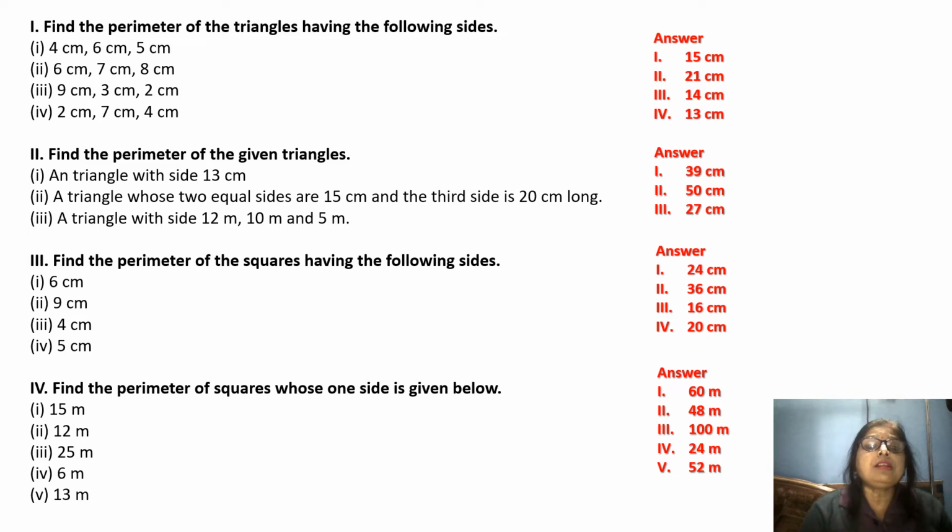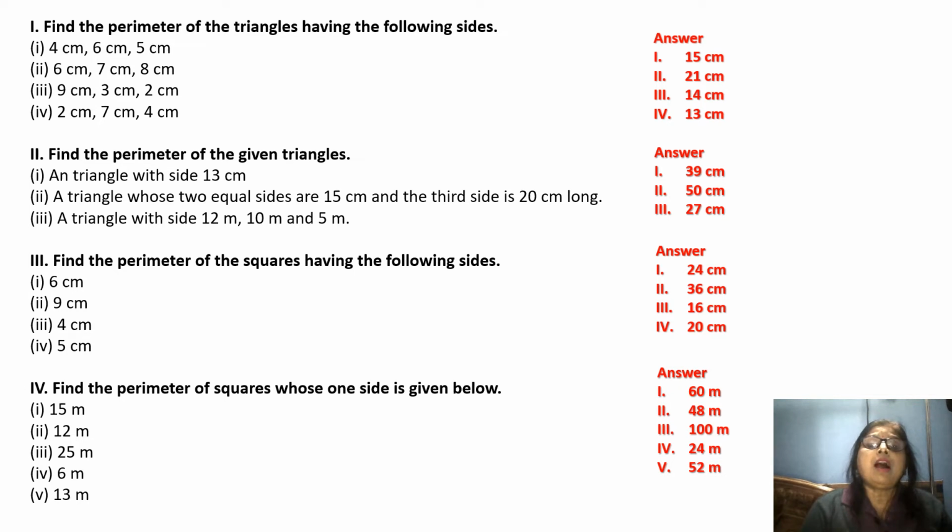Your next question is: find the perimeter of the given triangles. A triangle with sides 13 centimeter means you draw the triangle and each and every side is equal to 13 centimeter. In this way, you find the perimeter of the triangle.